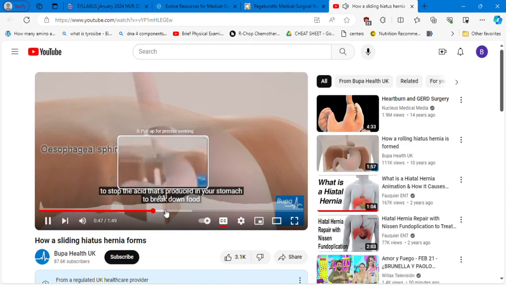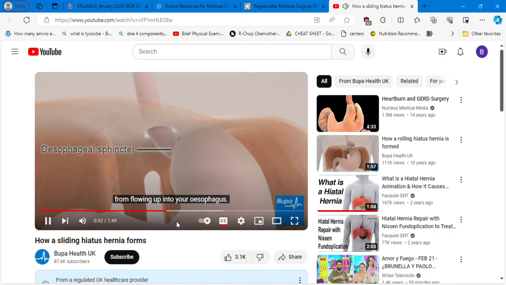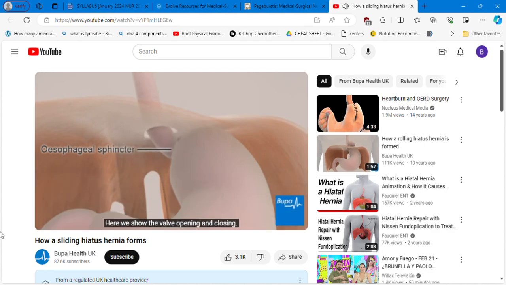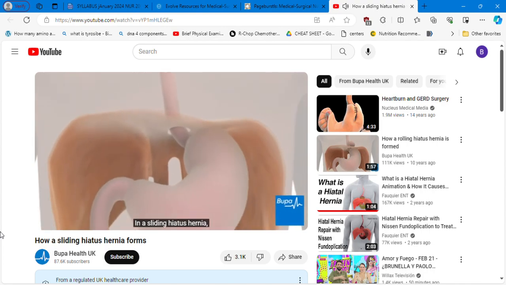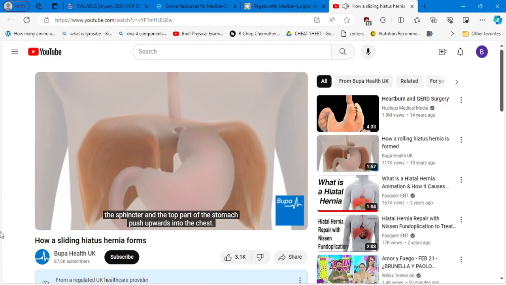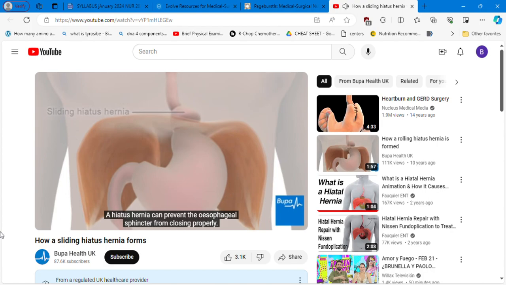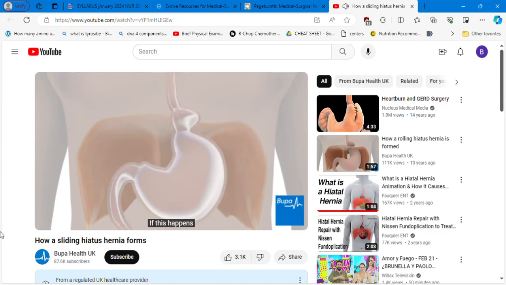to stop the acid up into your esophagus. Here we show the valve opening and closing. Okay. In a sliding hiatus hernia, the sphincter and the top part of the stomach push upwards into the chest. A hiatus hernia can prevent the esophageal sphincter from closing properly. If this happens, acid from the stomach can pass into the esophagus and cause discomfort, known as heartburn.